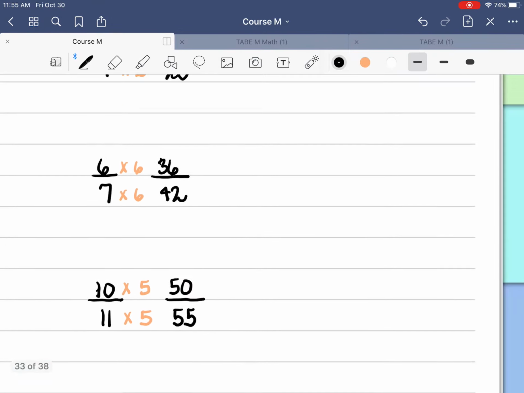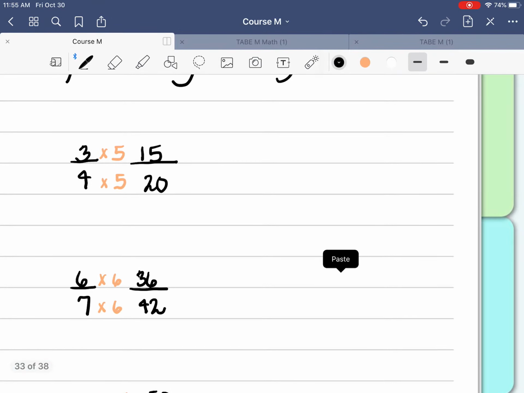How about 15/17, 30 over something? 15 times 2 is 30. 17 times 2 is 34.